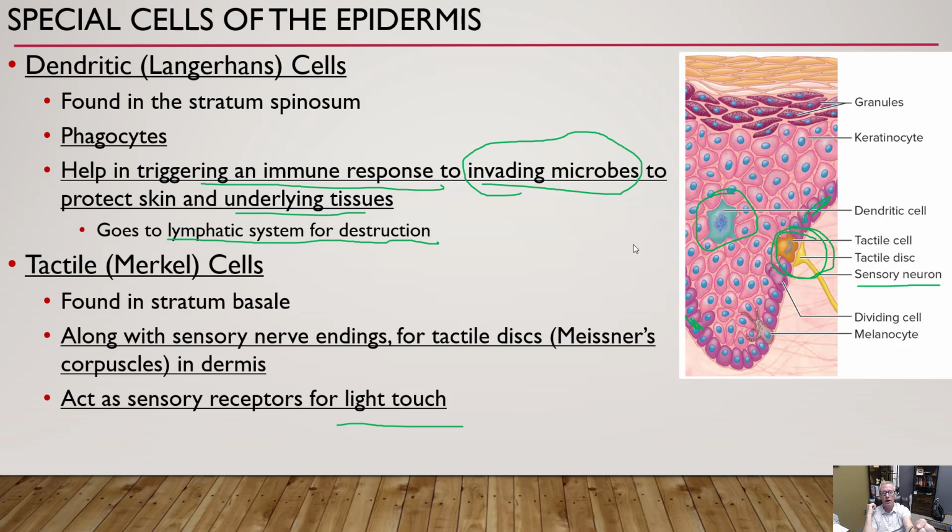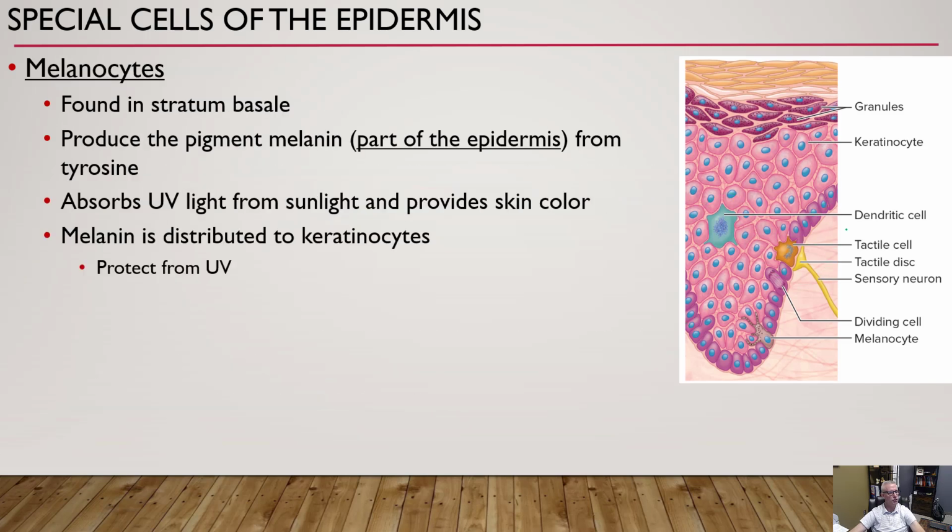Your sensory neurons would tell your brain, hey, the stove is hot. Your brain would say, oh, yep, the stove is hot. And then your motor nerves would actually remove your hand from the hot stove. So Merkel cells or tactile cells, remember light touch.